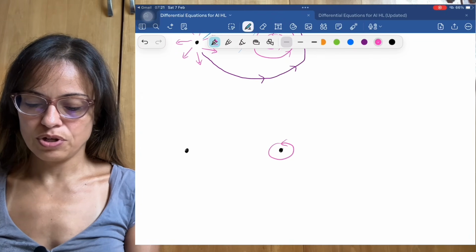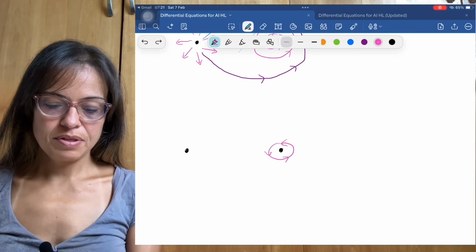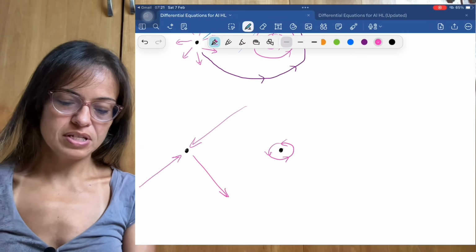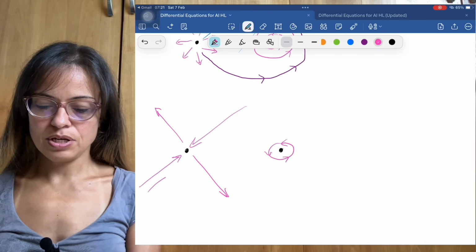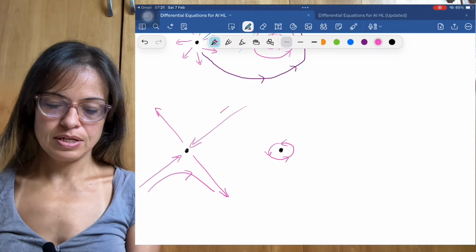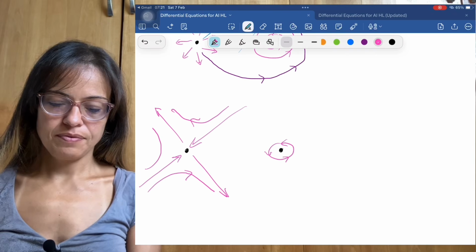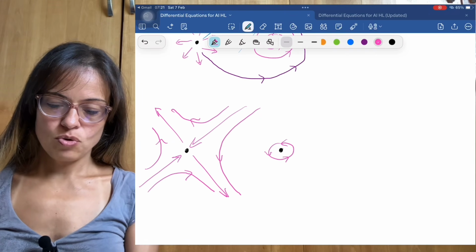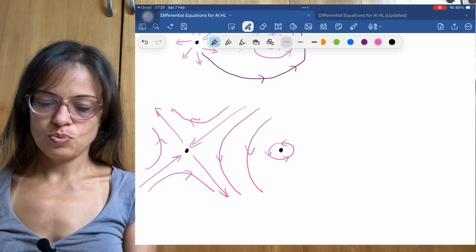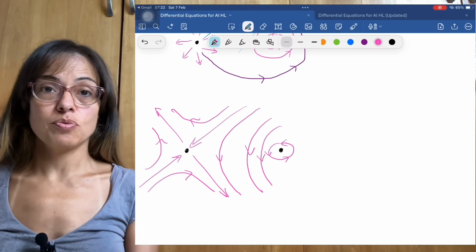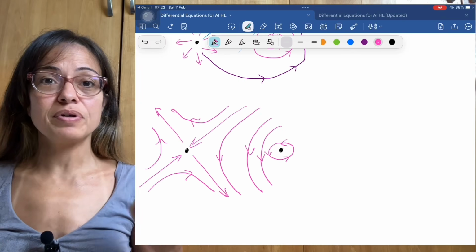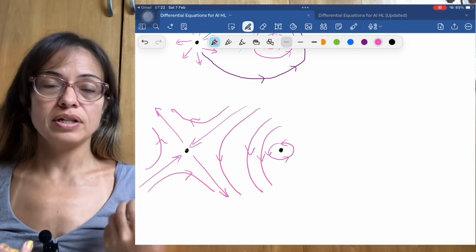If this one is going around this way, then maybe that one is the one that has one negative eigenvalue and one positive eigenvalue. Then in between here, the things are doing this, this, and this. But over here, this one does this, which matches perfectly with what the other one is doing farther away. But in any case, this is something that is very interesting, very pretty, but can only happen in nonlinear systems.